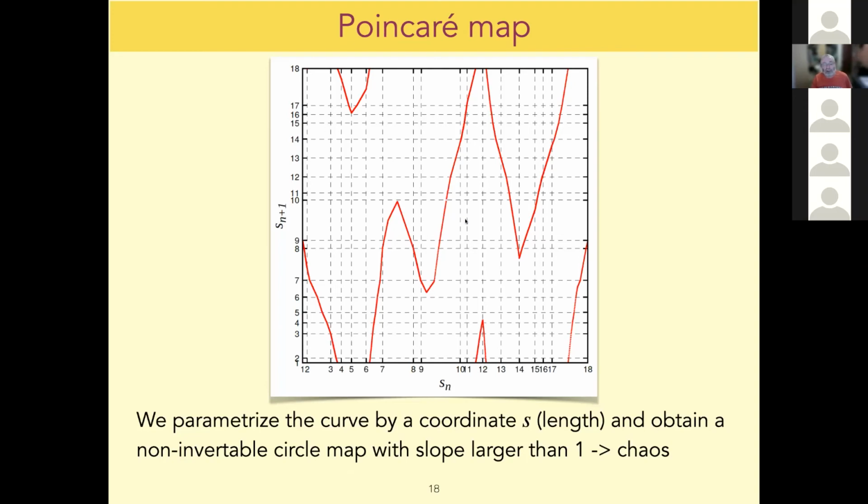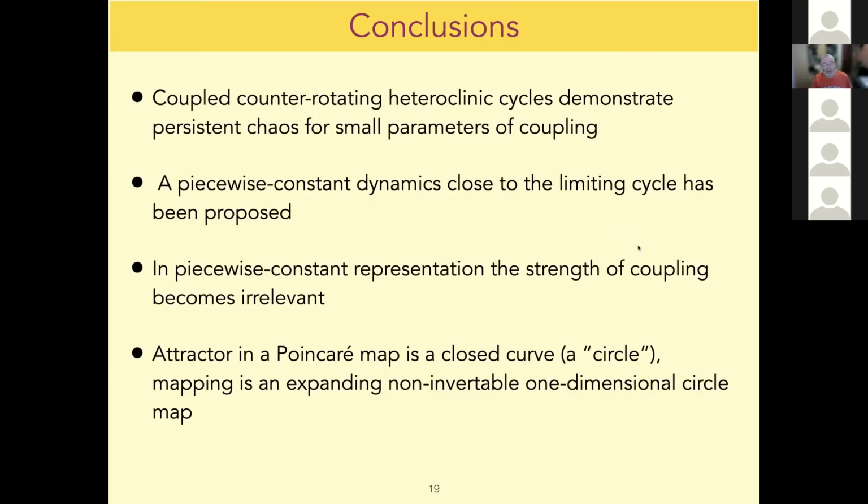And so this somehow suggests that chaos is really captured by this piecewise linear approximation of the heteroclinic cycles. With this picture, I conclude. We showed in the original equations that chaos appears at more or less arbitrarily small coupling, some quantities like 10 to the minus 40.